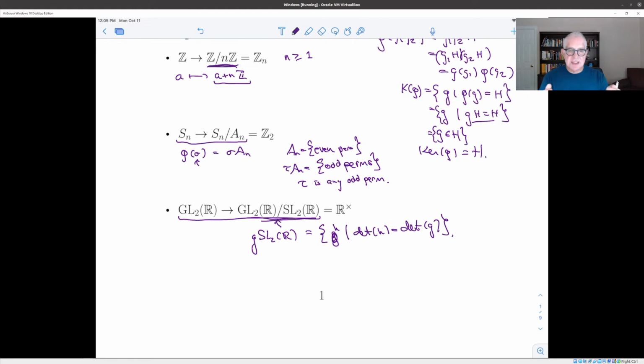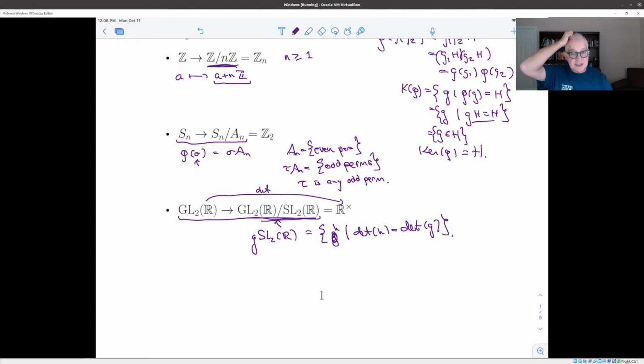And if you have two matrices with the same determinant, let's say X and Y, then XY inverse will have determinant 1. So again, if you go back to proposition 6.3, it's easy to prove this. Well, possible to prove it anyway. On the other hand, we know that we also have this map which goes from here to here, which is the determinant.